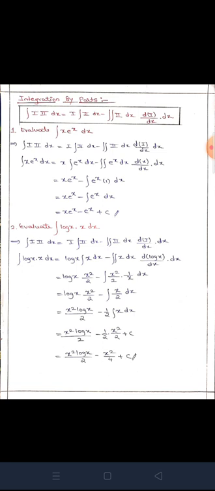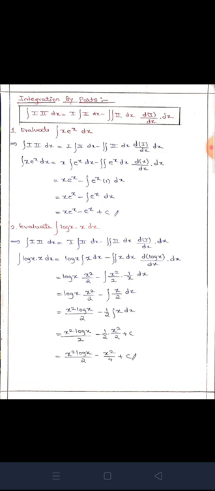First term is log x, second term is x. Substitute in the formula: log x integration of x dx minus double integration of x dx and differentiation of log x with respect to x dx.